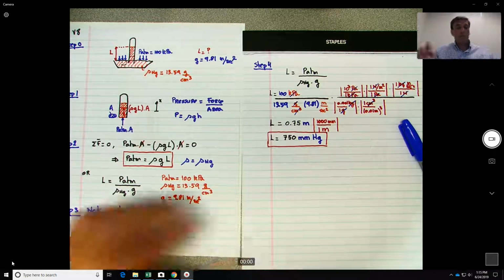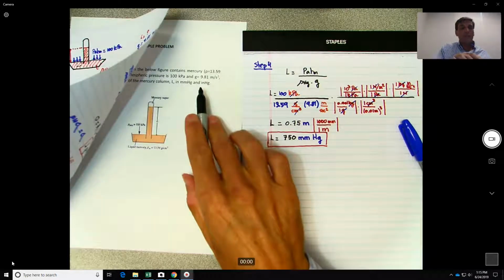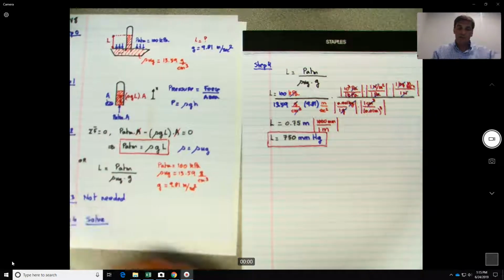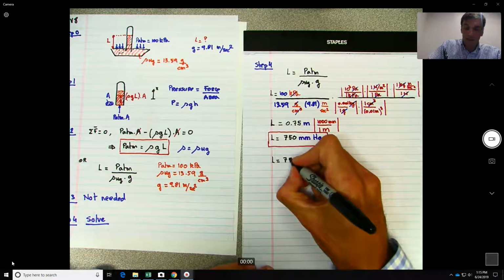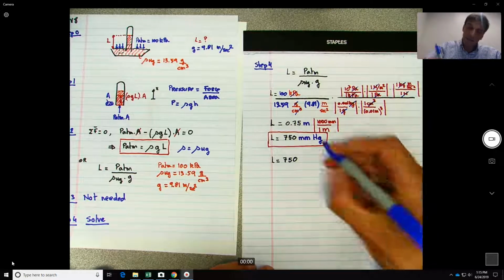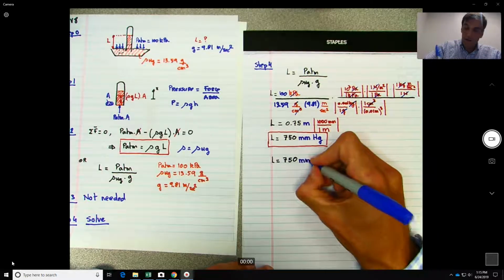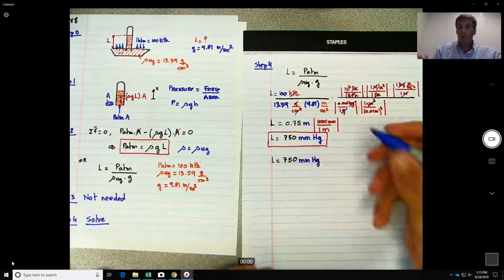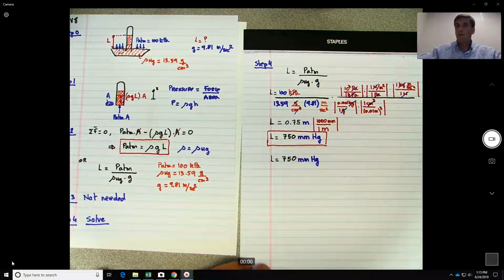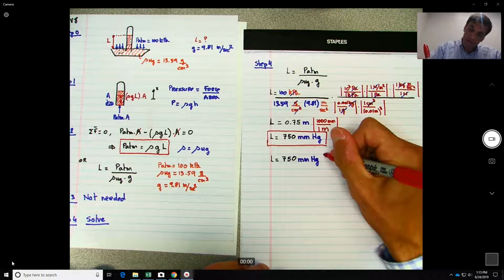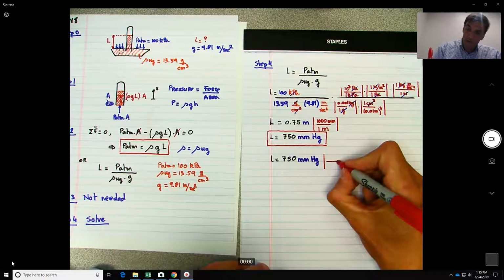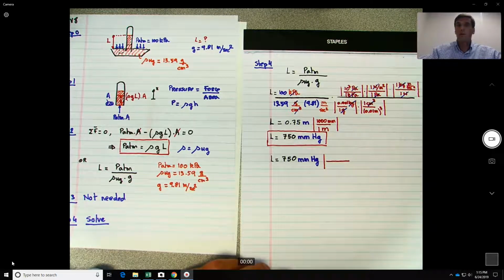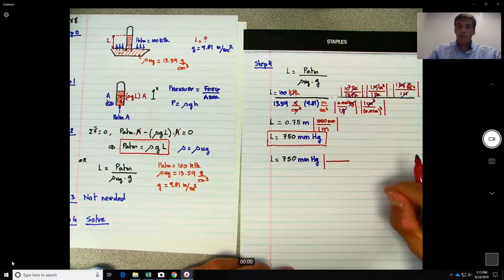Okay, in addition to this, we need to find the final result in inches of mercury. So one more unit transformation. So we have 750 millimeters. Really, the mercury should not be that important. And then what we have, so they want this in inches.